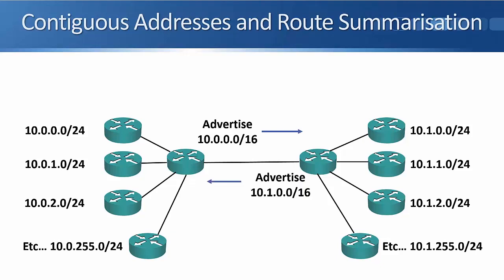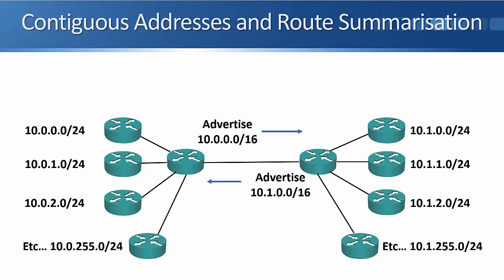And from region B to region A, we advertise 10.1.0.0/16. So rather than advertising all 256 routes in both directions, we only advertise one route. So it takes up less memory on the routers because we've got fewer routes that are known to the routers. And also if there's a problem, the impact stays local to that particular region.